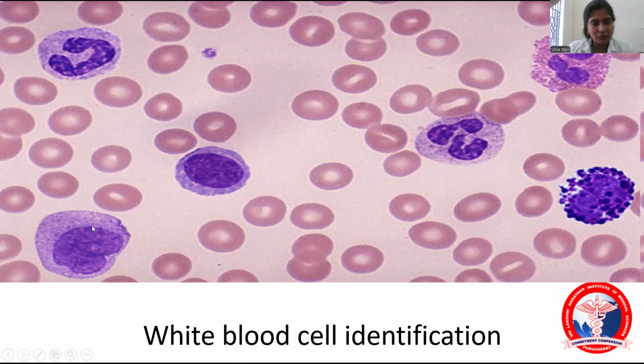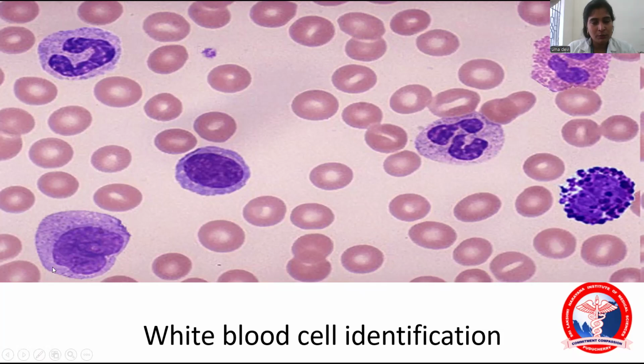Is it clearly round? No, right? It is showing some kind of kidney shape, otherwise called bean shape, or some people can also call it indentation. Sometimes there is more indentation.